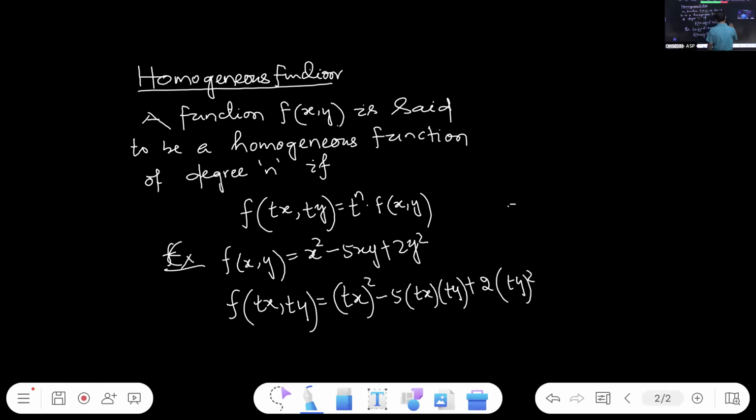This is equal to t square x square minus 5 t square xy plus 2 t square y square.